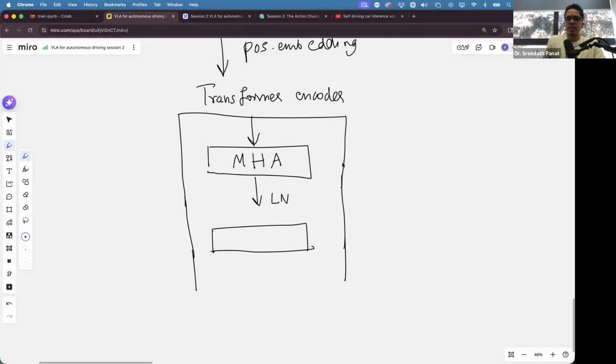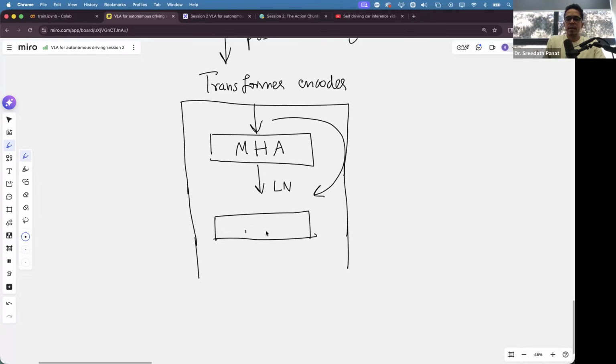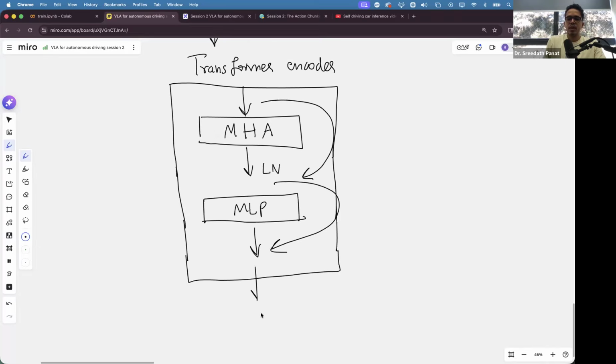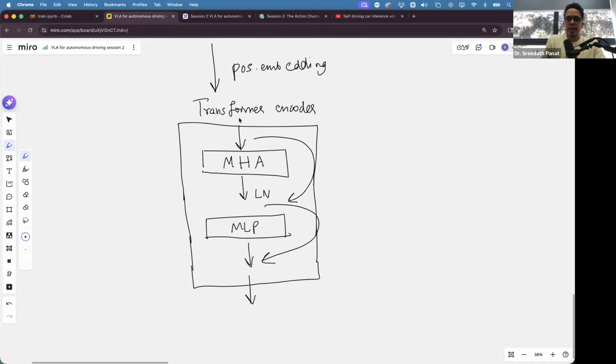Then there will be a residual connection. Then there will be a multi-layer perceptron, layer normalization, and another residual going around this. Finally, what comes out of this will be context vectors. Multi-head attention will have multiple heads in parallel. In our case, the number of heads that we have defined is 2.